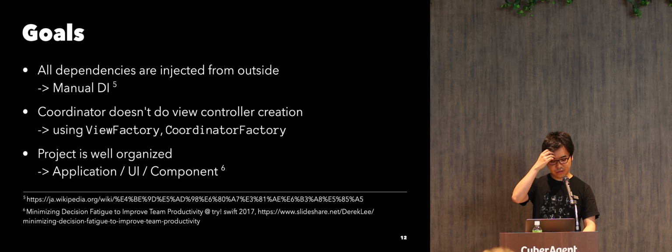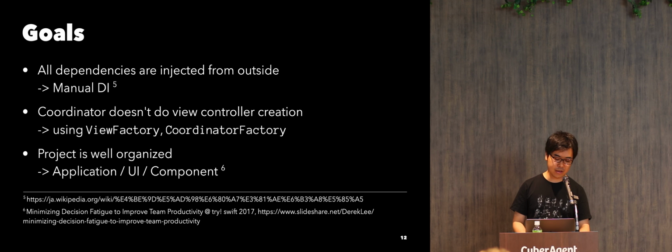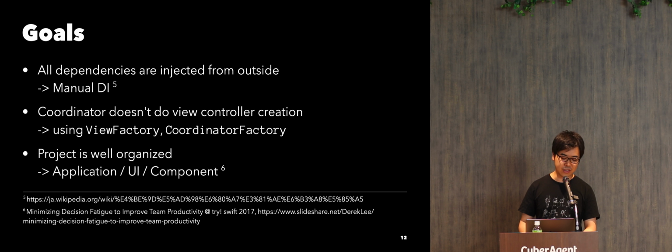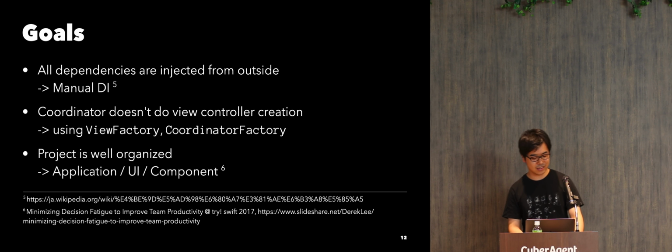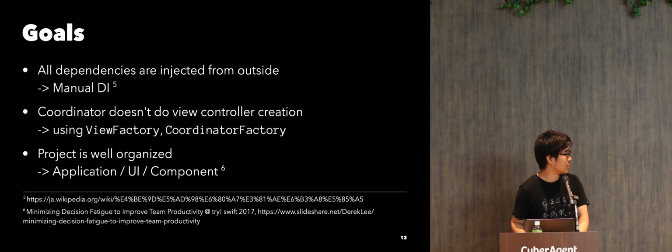Automatic DI, for example using a DI container library, is sometimes useful, but manual DI is not that difficult and it's controllable because we can write it ourselves. For example, when we want to change some object from singleton to non-singleton, it can be changed very easily if we write it ourselves. So that's why I chose that.